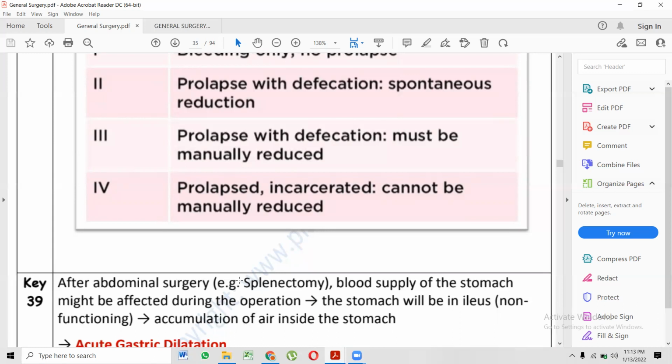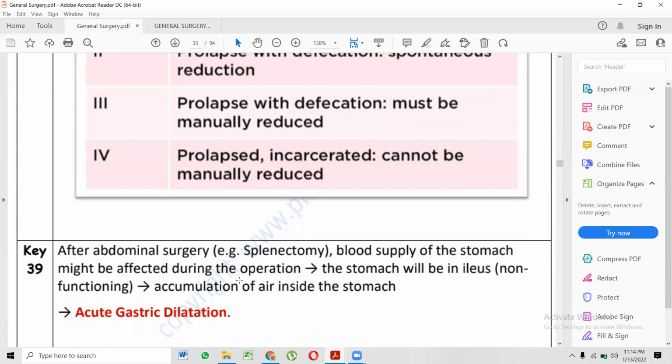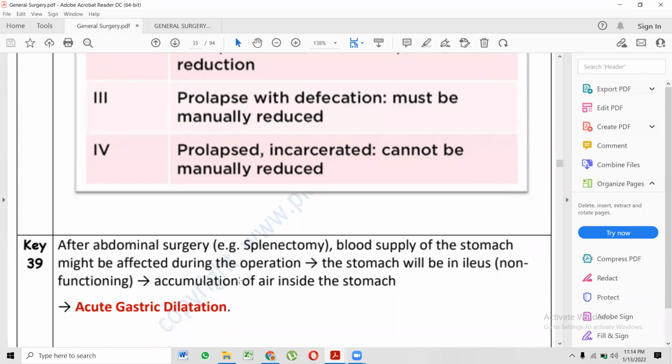Because there are some branches of the splenic artery, or the arteries that supply the spleen, which supply some portion of the stomach. So after splenectomy, if a patient presents to you with abdominal distension, then it is most likely acute gastric dilatation.